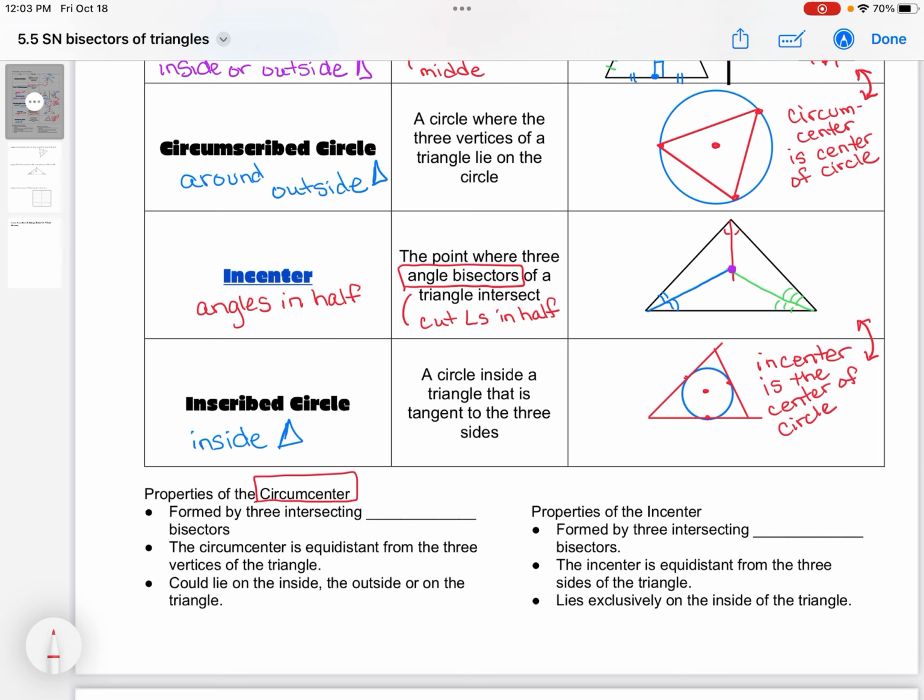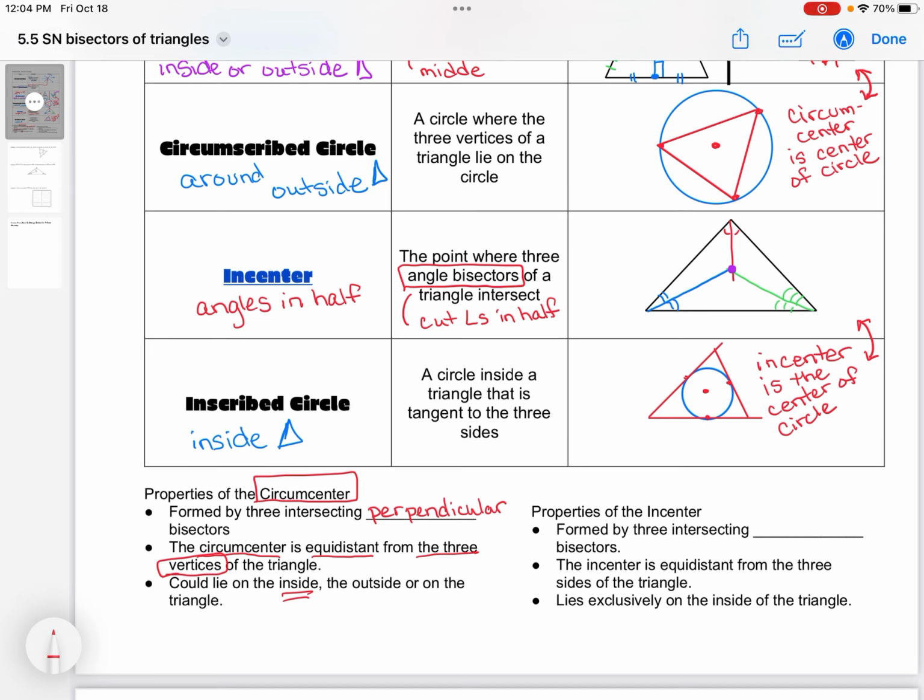This is circumcenter, formed by three intersecting perpendicular bisectors. The circumcenter is equal distance from the three vertices.